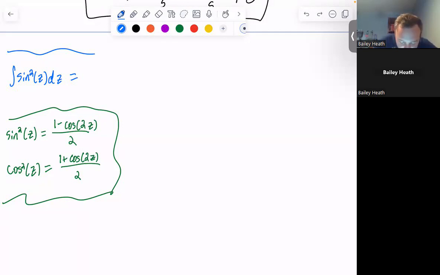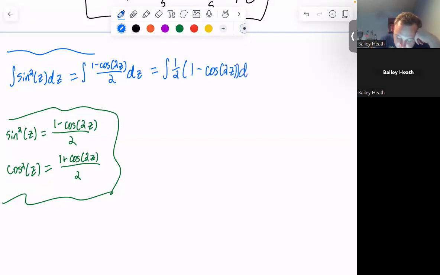So if we were to try and integrate this sine squared of z dz, I'll just show this real quickly. We'd integrate 1 minus cosine of 2z over 2 dz, right? So I'm replacing this sine squared with that formula we just talked about. From here, notice that this is the same as the integral of 1/2 times 1 minus cosine of 2z dz.